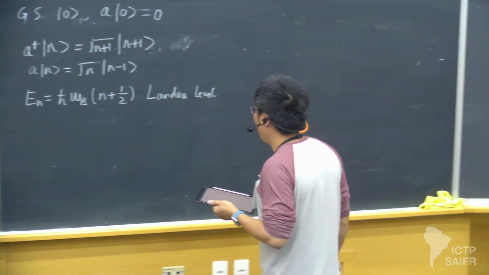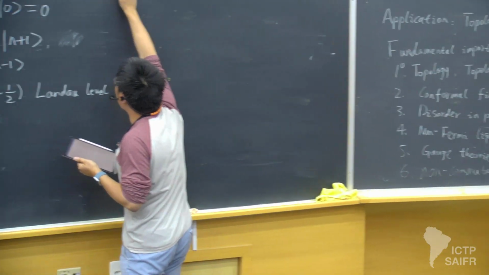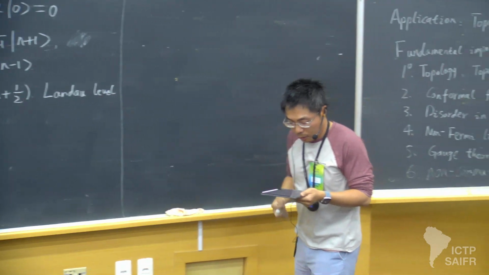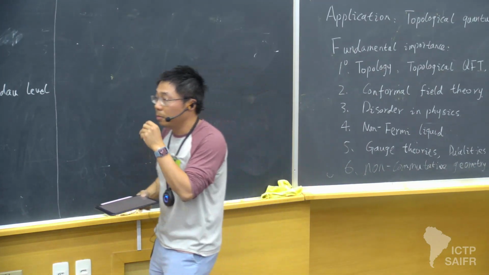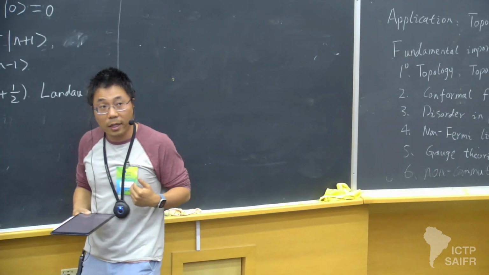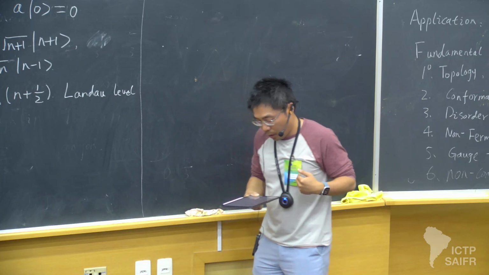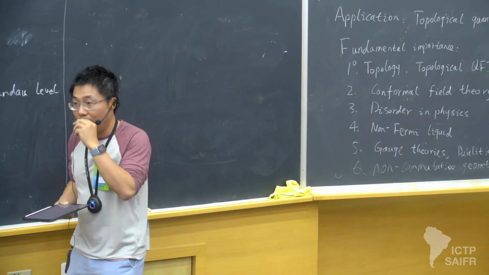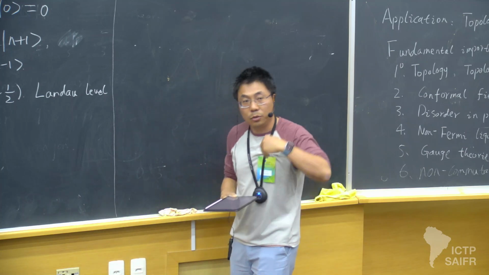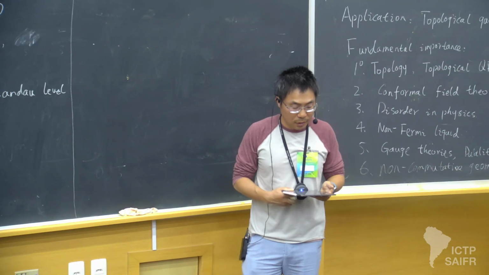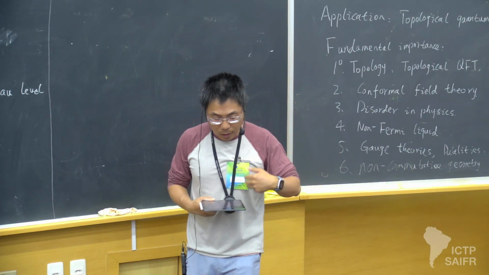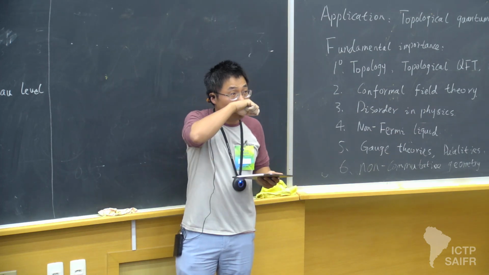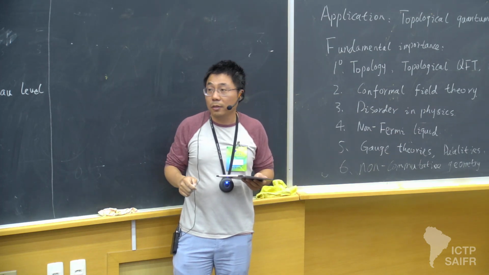So to understand that, we should study this problem in a more tedious way. That is, we want to solve the Schrodinger equation corresponding to that Hamiltonian to get its wave functions, to have a better physical understanding of the physics of Landau levels. I can pause a little bit for questions.